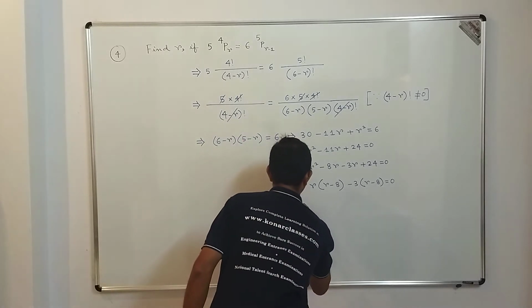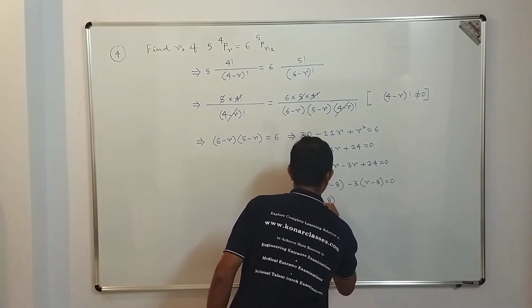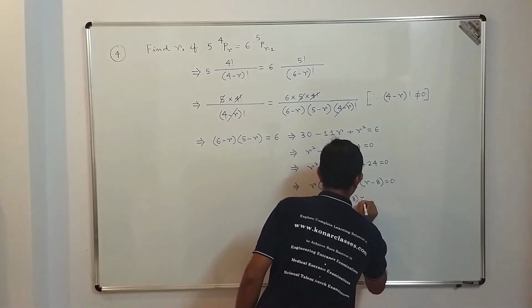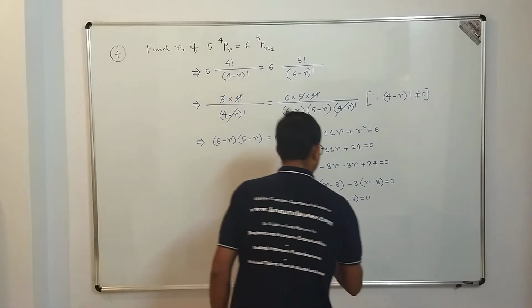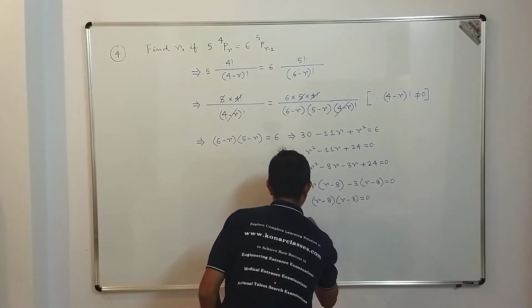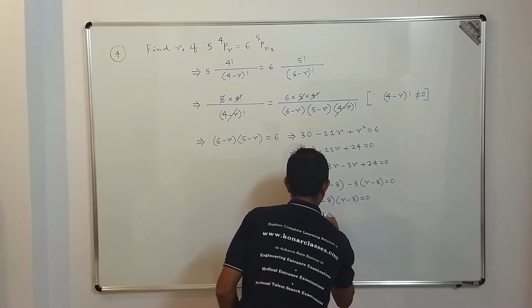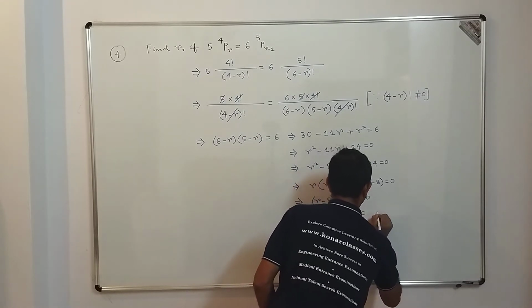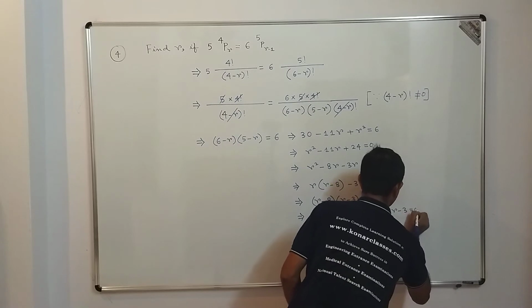So this implies r minus 8 into r minus 3 is equal to 0. This implies either r minus 8 equal to 0 or r minus 3 equal to 0.